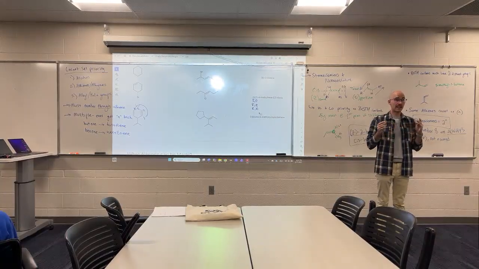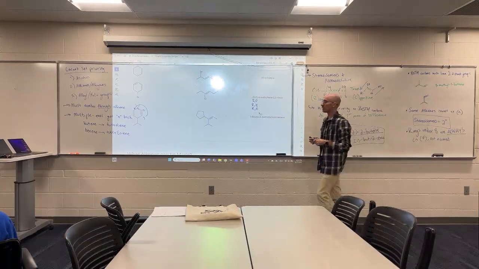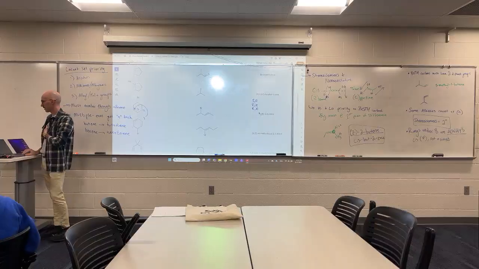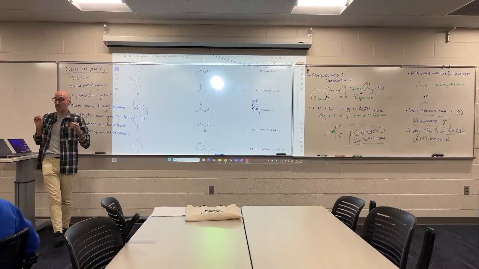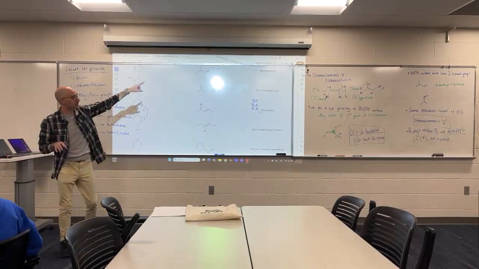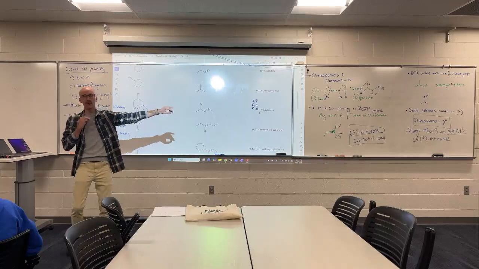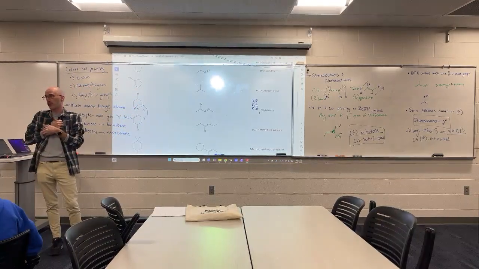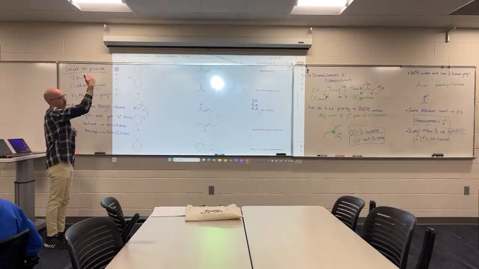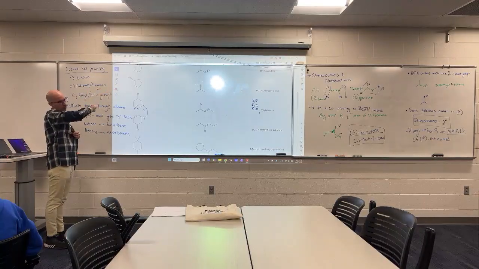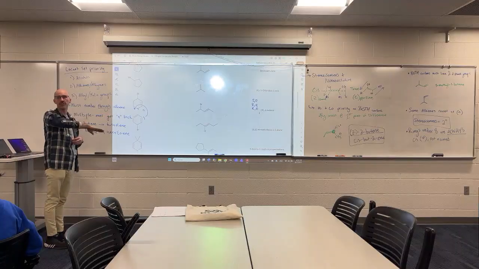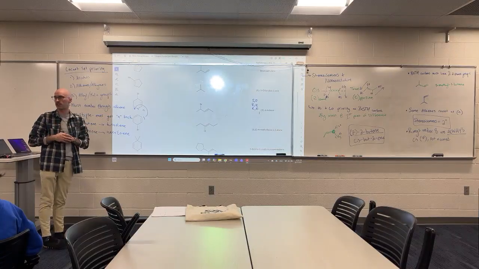Okay, so I want you guys to have some time to work on nomenclature. So right now, this sheet is yours. I would say sprinkle in some of the drawing it by its name with naming it by its drawing. Make sure you can do both. Maybe instead of going down one row, going down one column, go across in the rows so that you get good practice doing all of it.